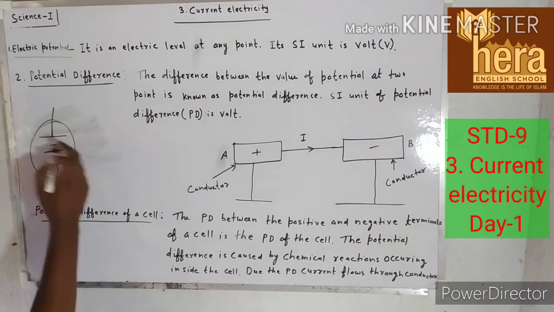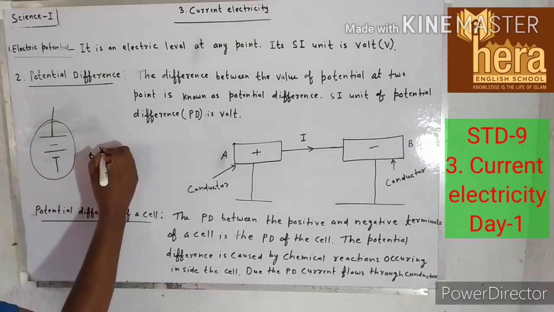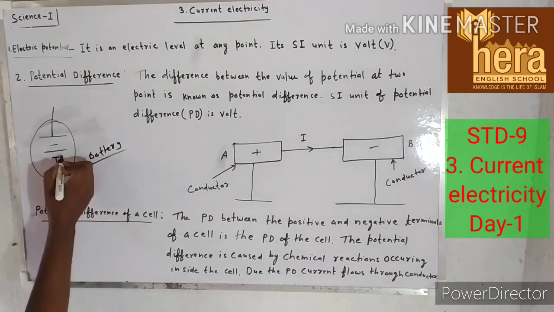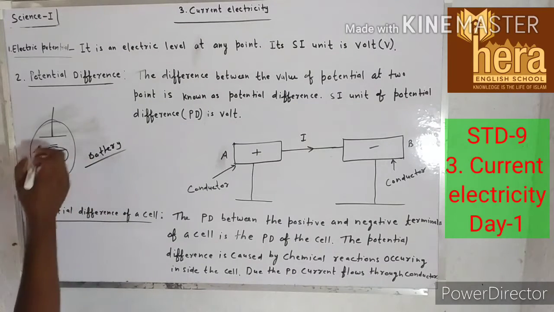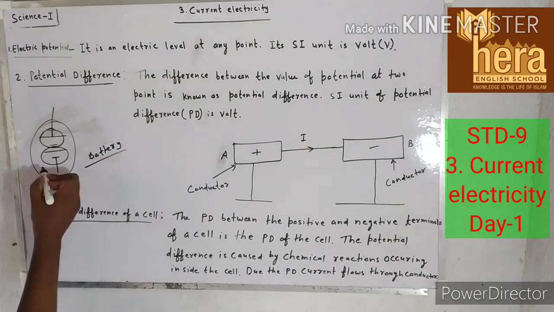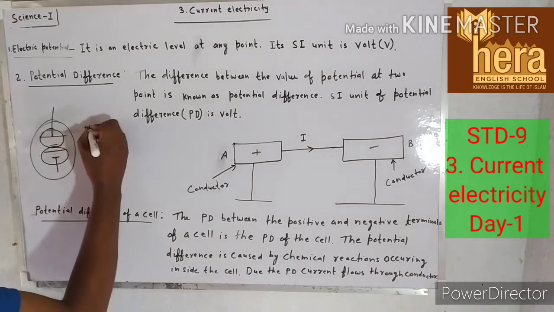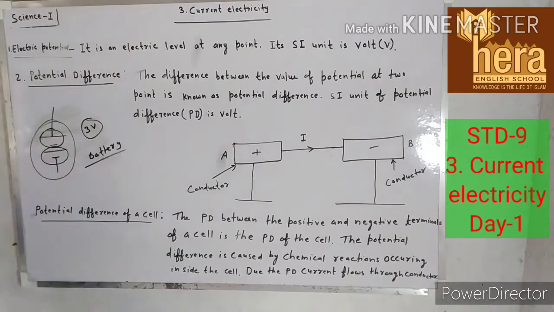So now this is called battery. This is of 1.5 volt, this is of 1.5 volt, so now this is 1.5 plus 1.5, that is a 3 volt battery.